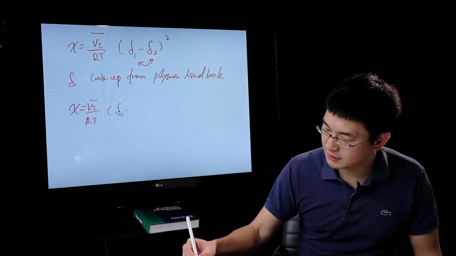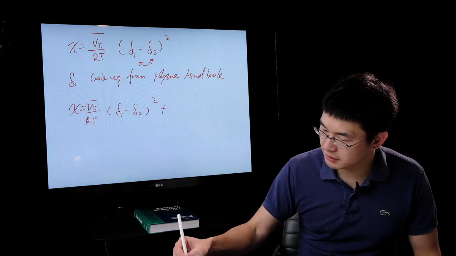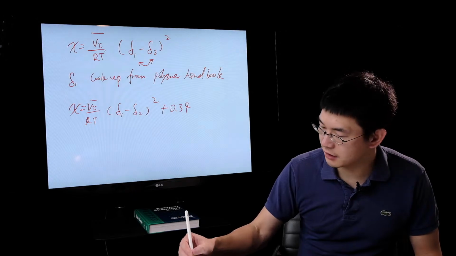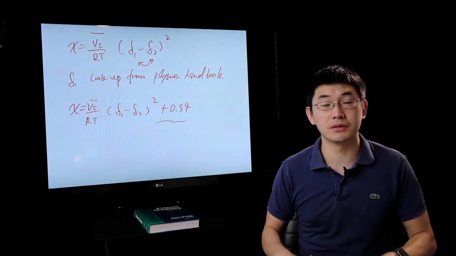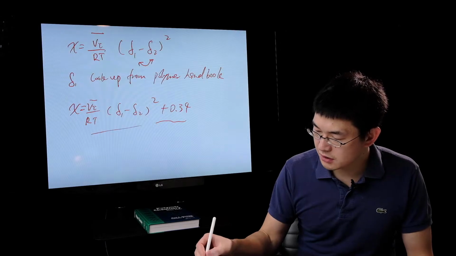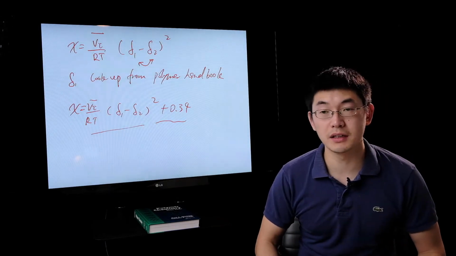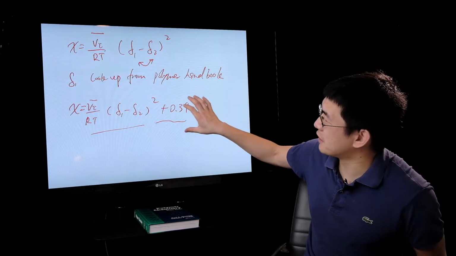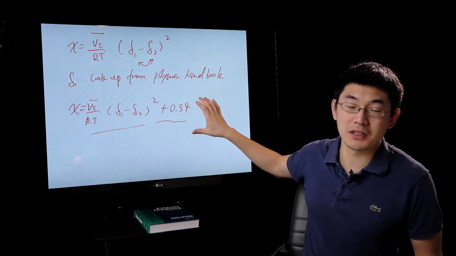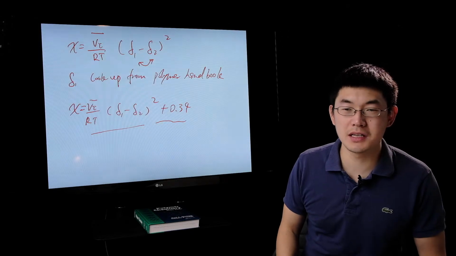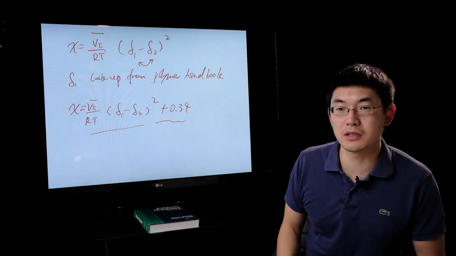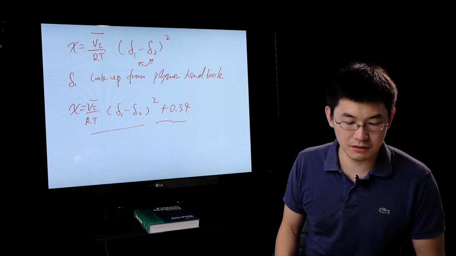People found that the data empirically need a constant added to the end, 0.34. Using just the first part, you miss out some sort of unknown parameter. So take this with a little bit of a grain of salt. This is very much like an empirical equation, but it's a good start for you to know the chi parameter with two unknown species.